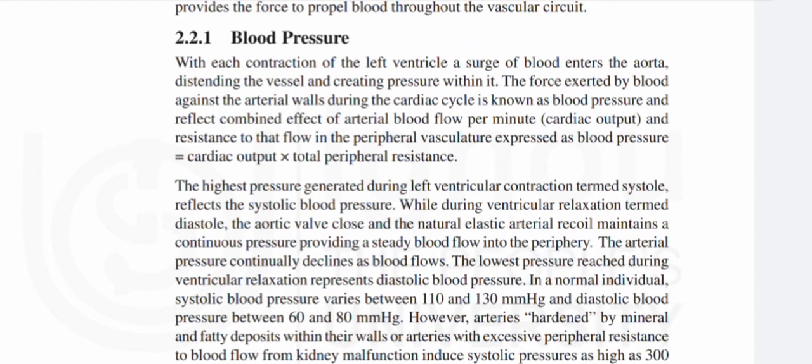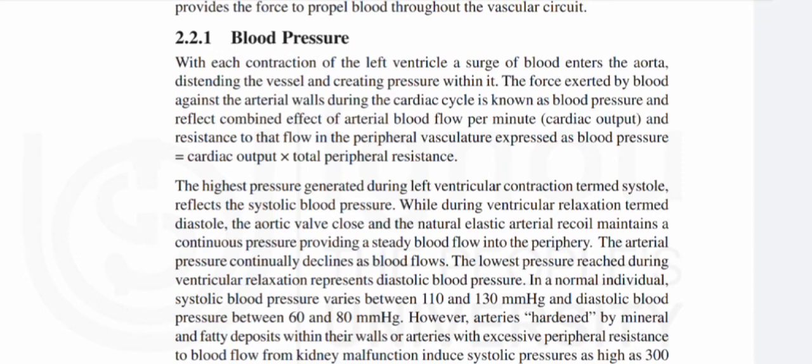The arterial pressure continually declines as blood flows. The lowest pressure reached during ventricular relaxation represents diastolic blood pressure. In a normal individual, systolic blood pressure varies between 110 and 130 mmHg and diastolic blood pressure between 60 and 80 mmHg, mmHg meaning millimeter of mercury.